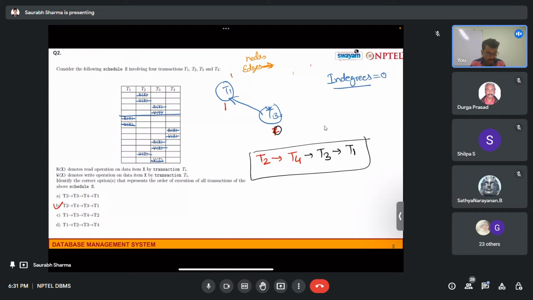If we write from A to B, consider there are two nodes in a graph, A and B. I have written A to B, is it visible or not?